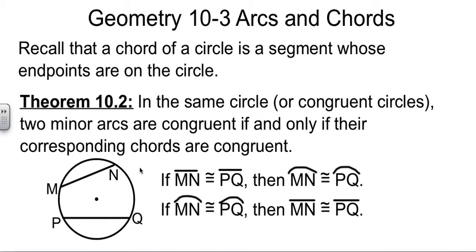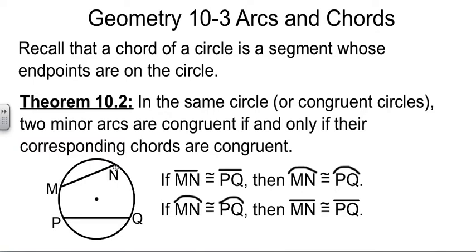Our first theorem here, Theorem 10.2, says that if we have the same circle, or to cover our bases, congruent circles would also work, two minor arcs, so arc MN and arc PQ, are congruent if and only if their chords are congruent.